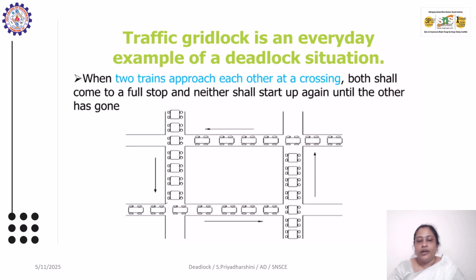Only one train can enter. If some other train is also in that way, then both the trains would stall, that is both will stop, and no other train is made to start up. This condition is called the deadlock situation. This is called the indefinite blocking of processes. We may not know when this train will move and let the other trains pass. That stage is called the deadlock.